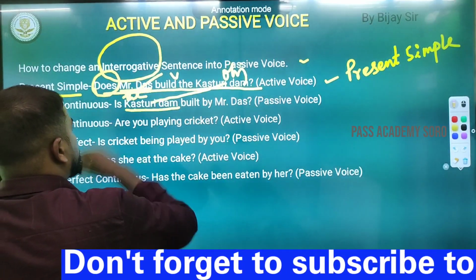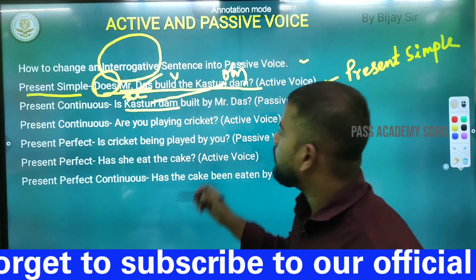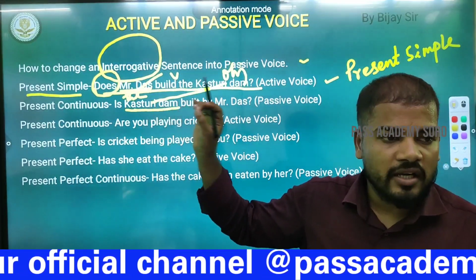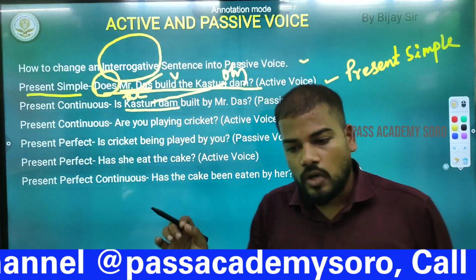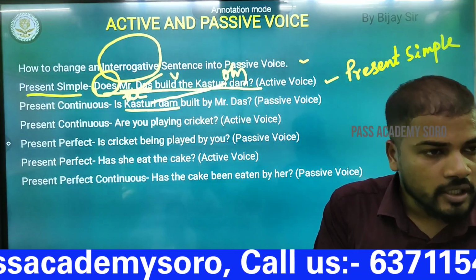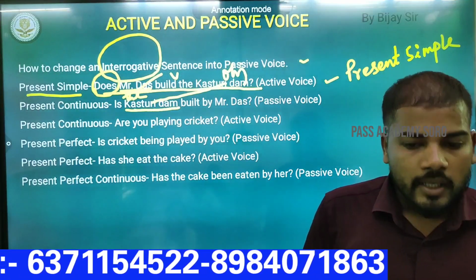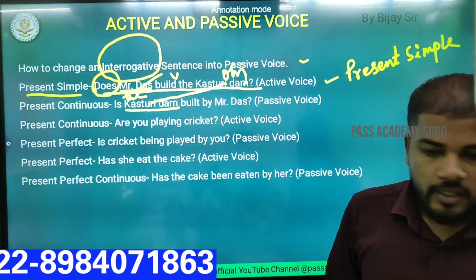The Kasturi Dam. But while we are converting an active voice into passive voice, and if it is in interrogative form, our passive voice is also in interrogative form. And if a sentence is in interrogative form, it normally begins with a helping verb, right?